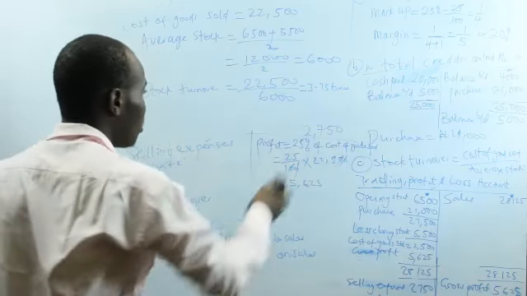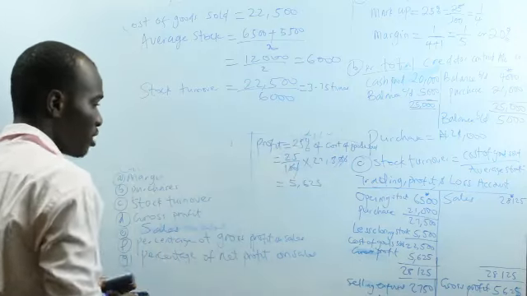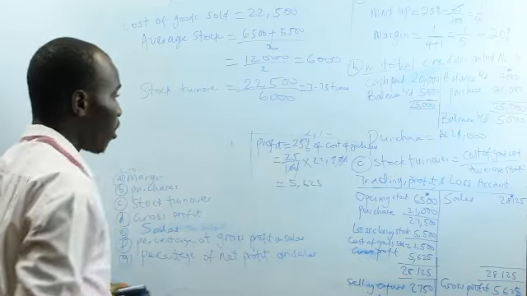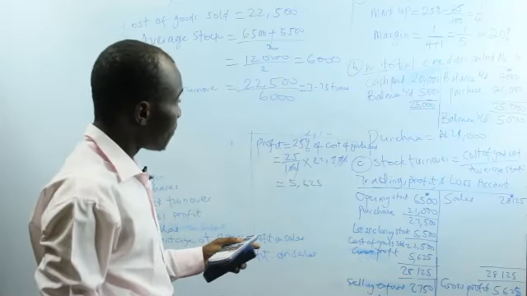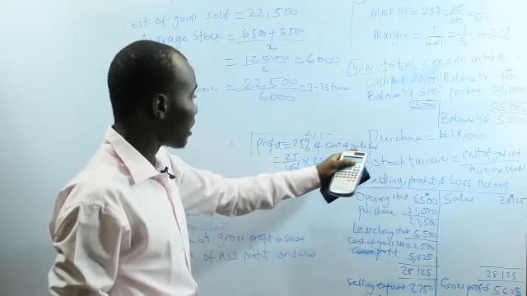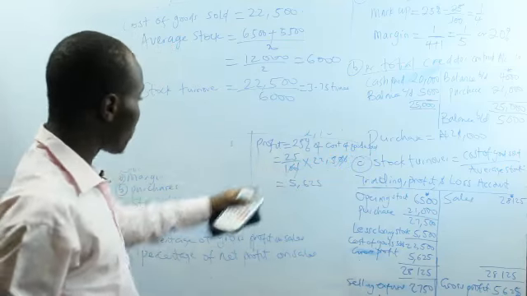So that is the number of times stock is being turned over in the period. Now the next thing, we have to calculate the gross profit, which we've done already. The gross profit is the profit expressed as a percentage of cost of goods sold. So that is the markup. We calculated the gross profit from the markup.